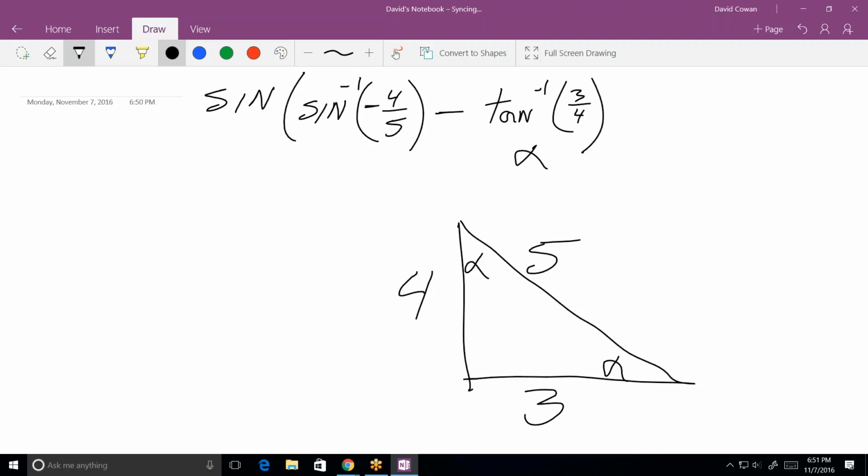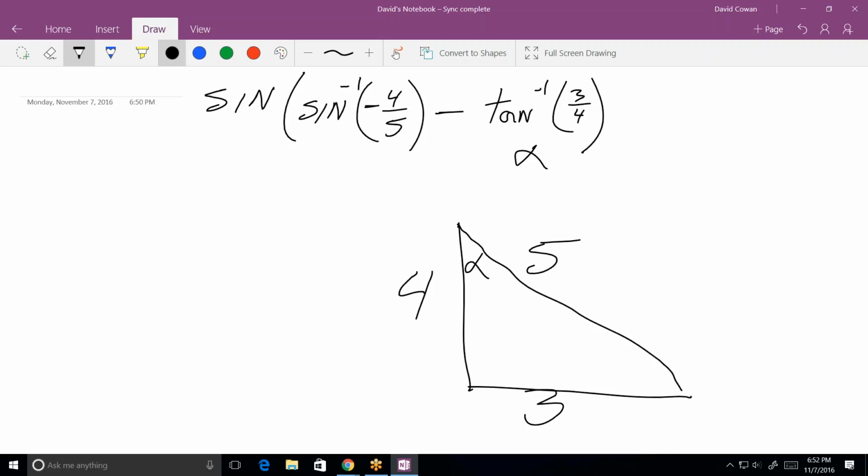This is alpha up here. This is going to be a little different than the previous one, because it's the inverse tangent of 3/4. That's alpha, and this is actually beta. That's beta, only the fourth quadrant of beta.